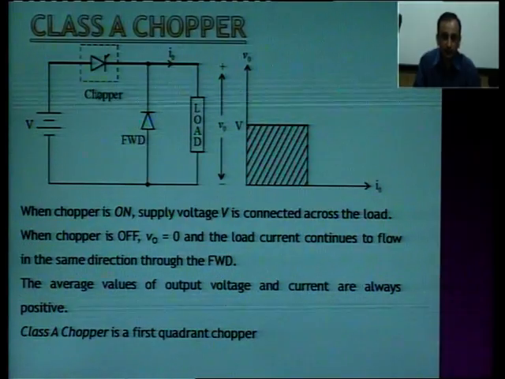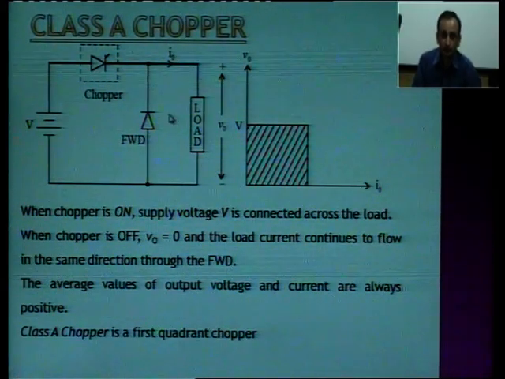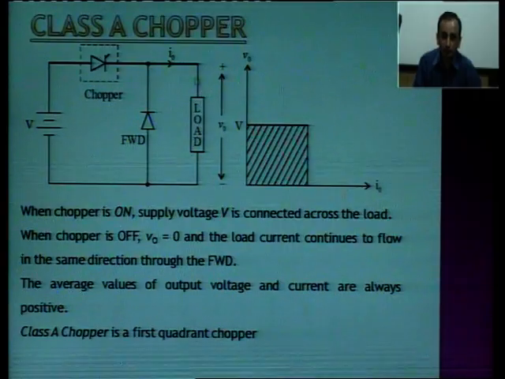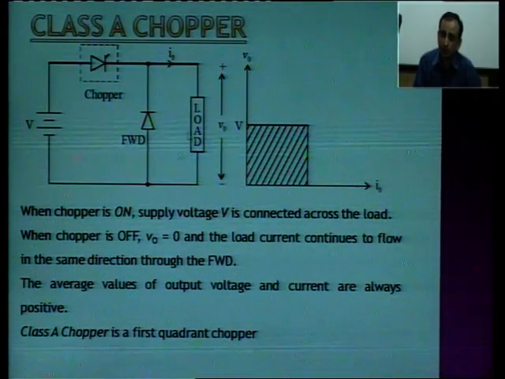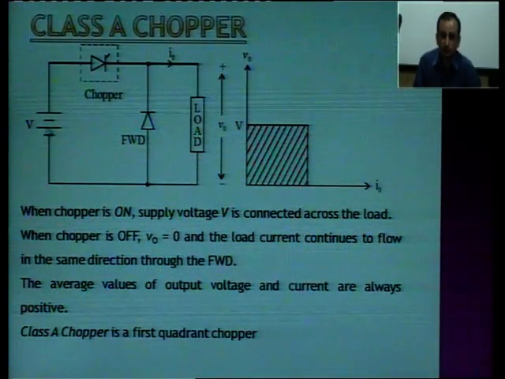Again, this is the chopper, which has the triggering and the commutation components along with it. Here we have the load connected, with a freewheeling diode connected anti-parallel to the load. When the chopper is on, the supply voltage is directly applied across the load, because the chopper is a short circuit.